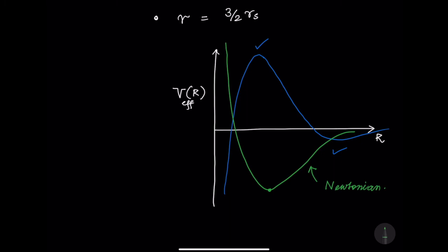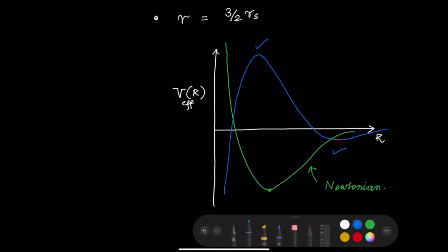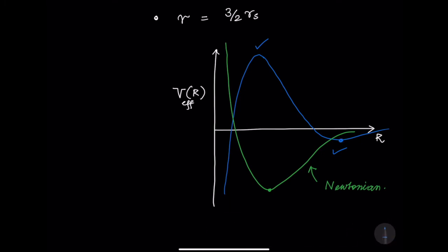That minima is shifted in this case. You can change the parameters to make them similar also. So this is a place where I have a stable circular orbit. Here also I have a circular orbit, but it's an unstable circular orbit.